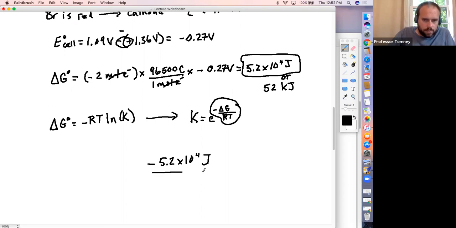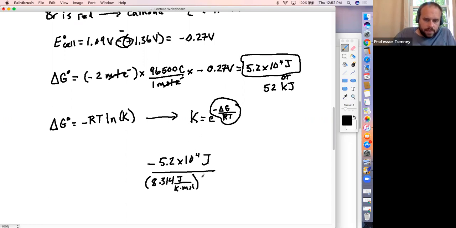That's the numerator. Over that, the R value. Don't get confused with the 0.0821 that we use when doing gas laws. This is the same R, but there are different units. It's not atmosphere liter per mole Kelvin. This is going to be joules per Kelvin mole, and because of that, we get a different value. R's value is going to be 8.314, and the unit there is joules over Kelvin mole.